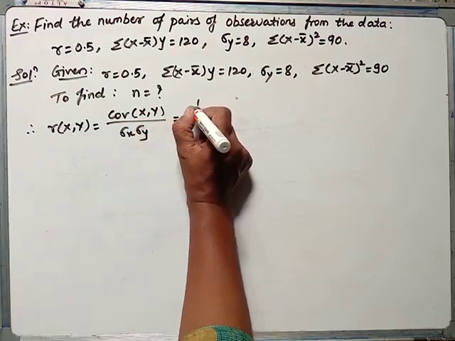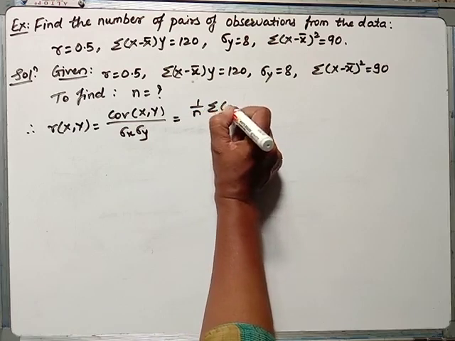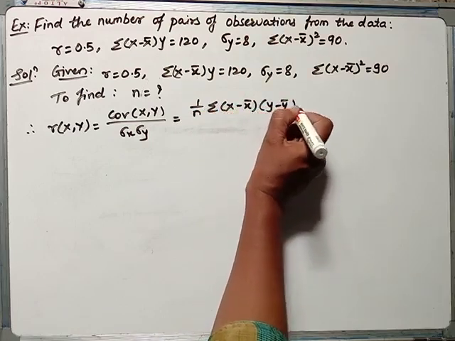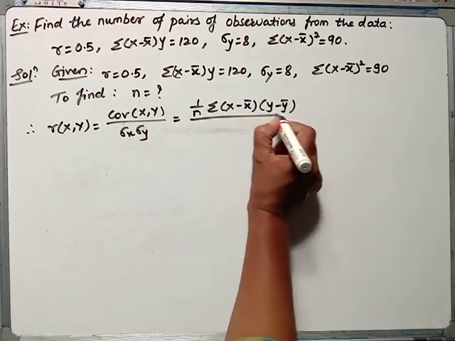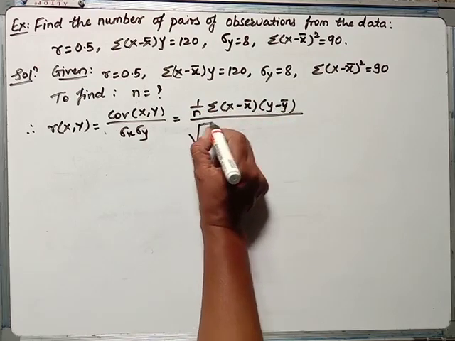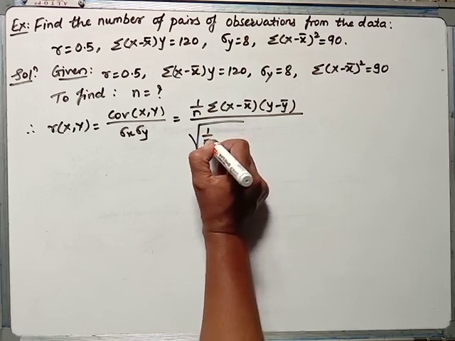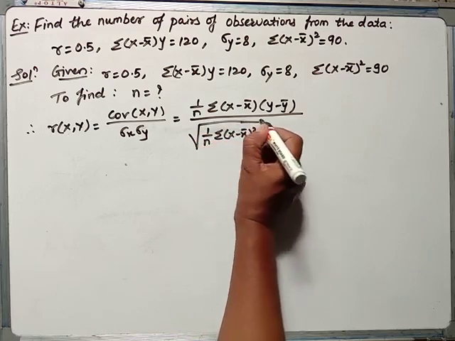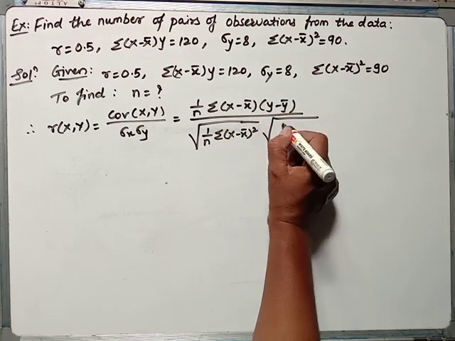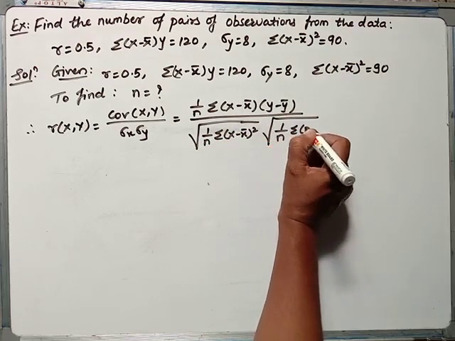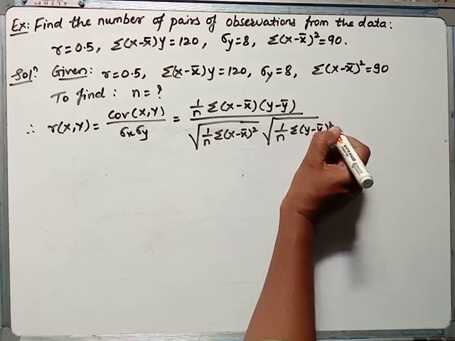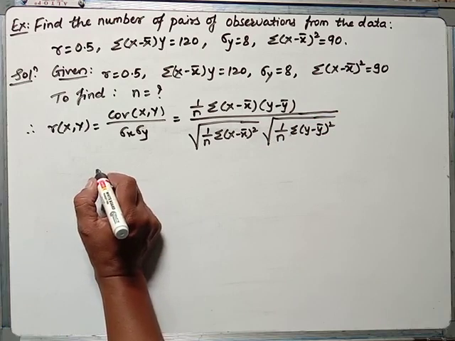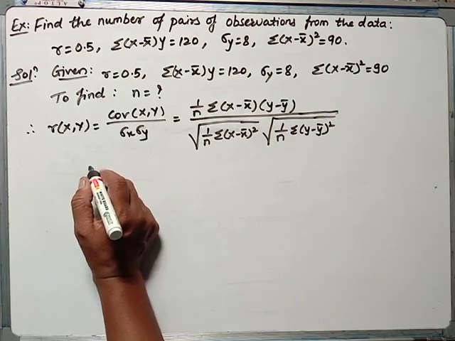That is the same as 1 upon n summation of (x minus x bar) into (y minus y bar), upon the square root of 1 upon n summation of (x minus x bar) square, and 1 upon n summation of (y minus y bar) square. This is a result.